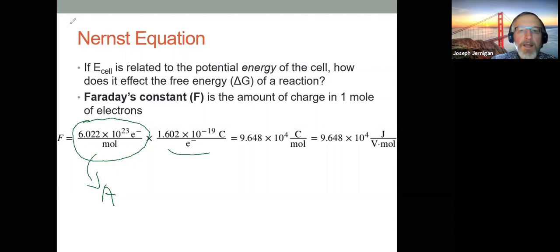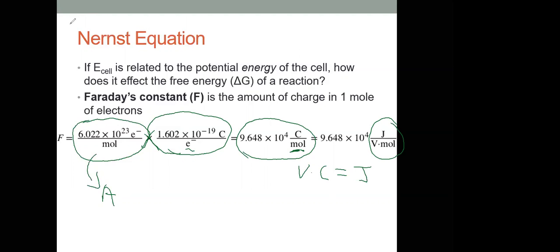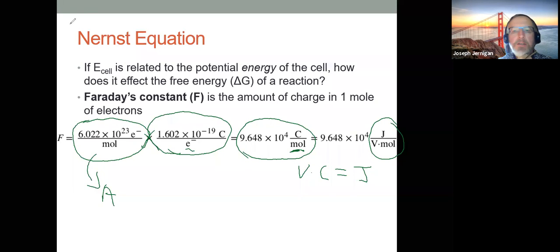Okay, this is the coulombs on a unit electron. Okay, they multiply the two together to get the Faraday constant. Okay, and notice here it is in coulombs per mole, but you can convert coulombs, right? A volt coulomb is equal to a joule. Okay. Definitely directly related to energy.